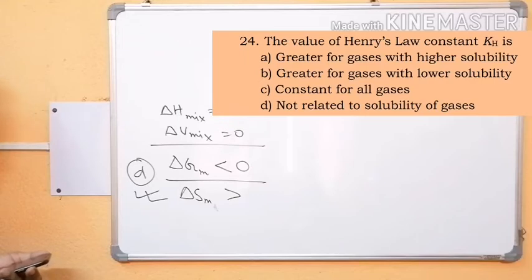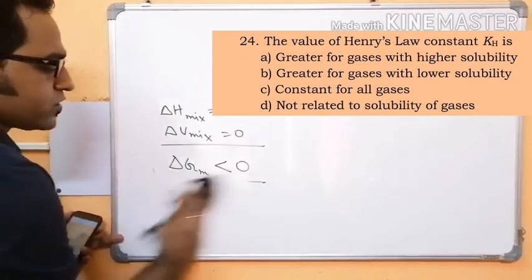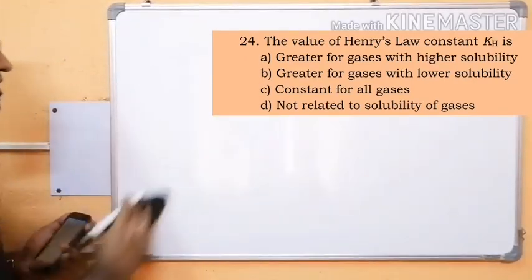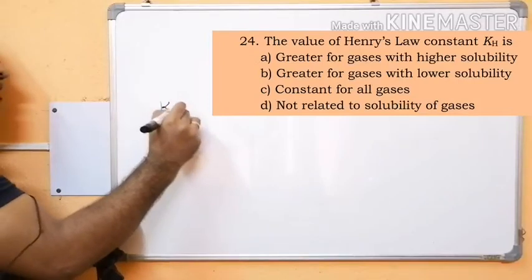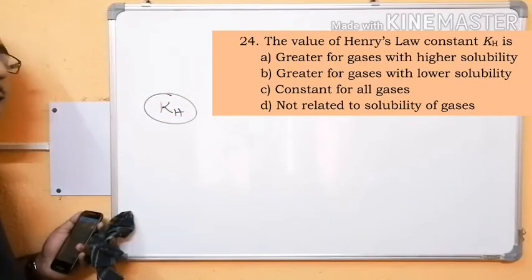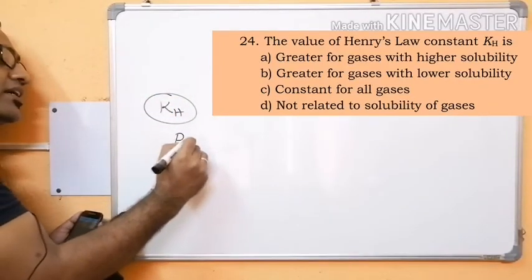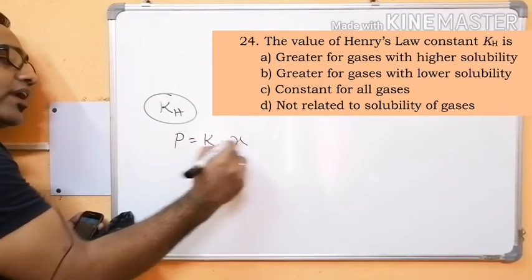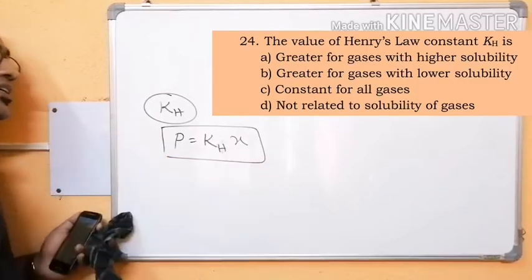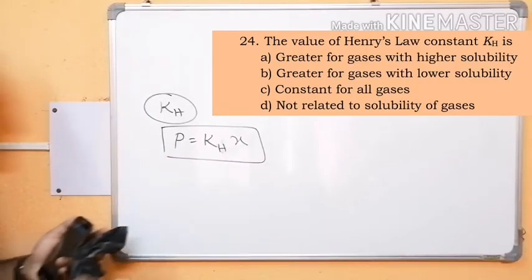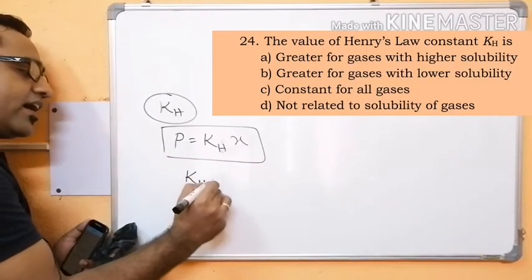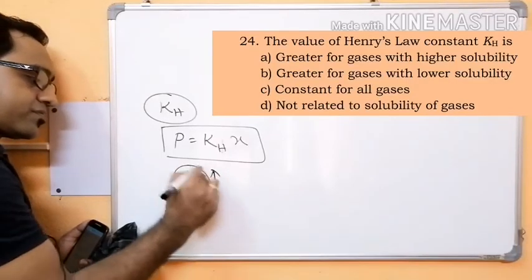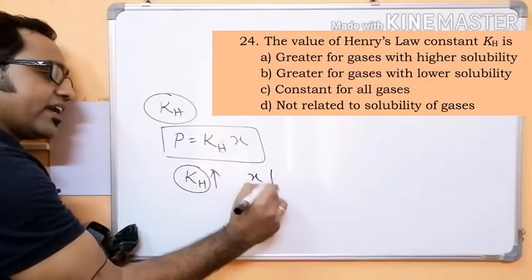The value of Henry's law constant Kh is... Kh is the Henry's law constant, and if you remember the expression, P is equal to Kh into X. That means the higher the Kh value, the lower is the X value.